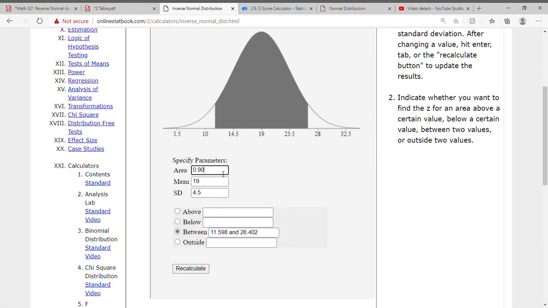Our area is 0.90. Our mean is 19. Let's enter the standard deviation, 2.4. Now we'll click between, and this is our solution, 15.052 and 22.948. Let's check our work on the worksheet.